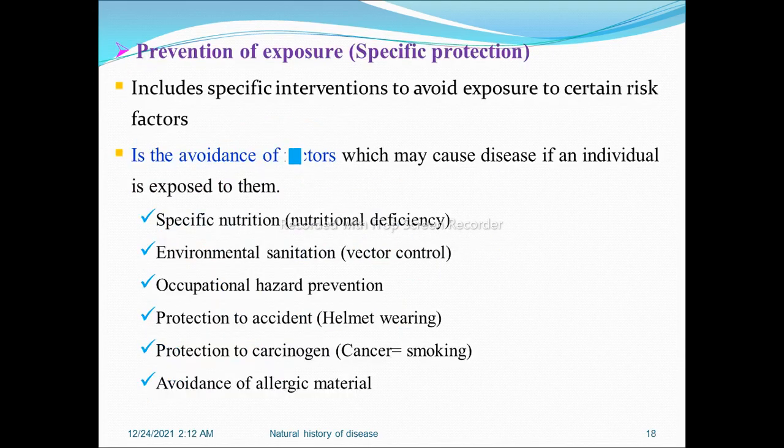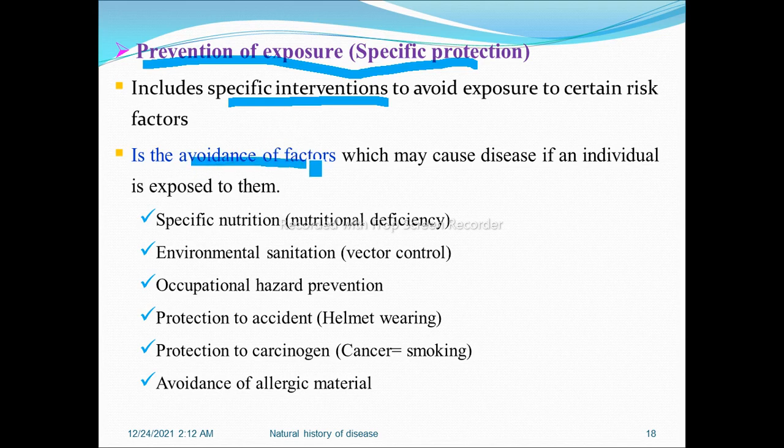The second type of objective is prevention of exposure. This includes specific interventions to avoid exposure to certain risk factors, which may cause disease if an individual is exposed to them. For instance, if an individual has a nutritional deficiency, we will give that specific nutrition to prevent further disease. Nutritional deficiency may cause the disease, so if exposed to this nutritional deficiency, we will give them specific nutrients.